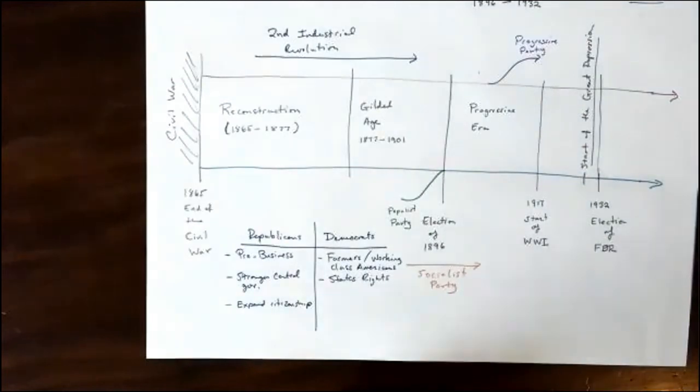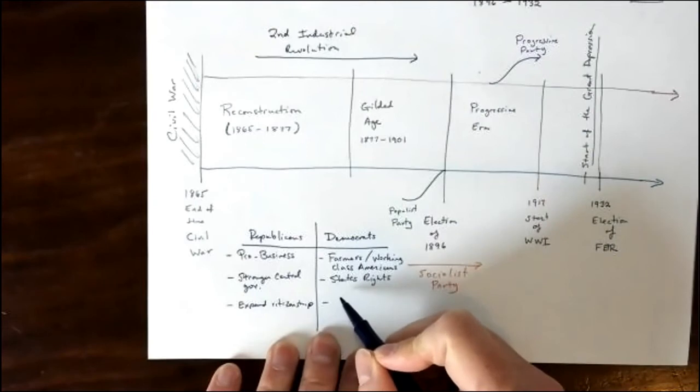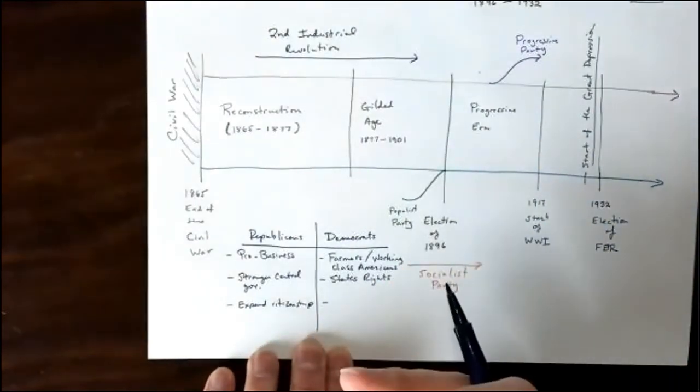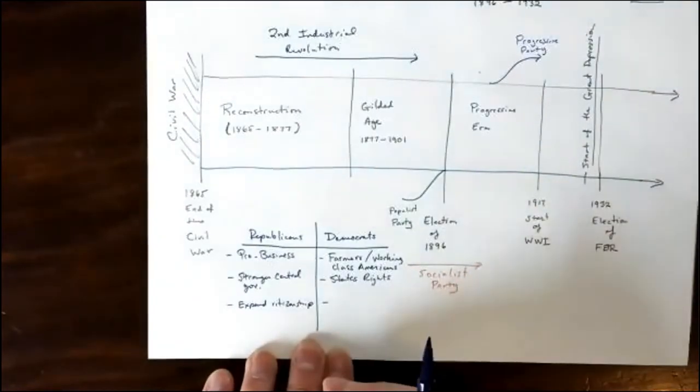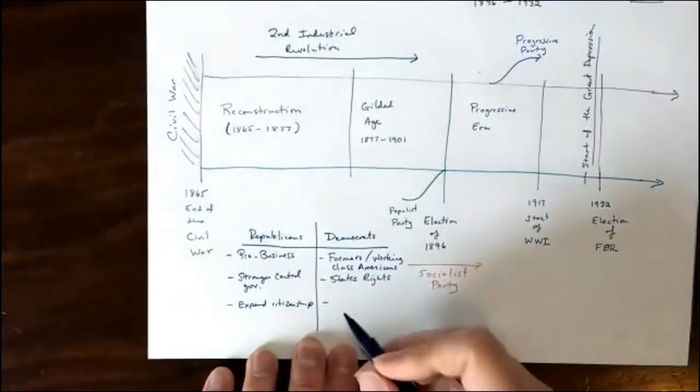Whereas the Democrats, who are primarily located in the South, want to try to restrict this expansion of citizenship, especially to African Americans, and they see that as a threat to their own power. So they're going to be fighting to stop the expansion of that citizenship.